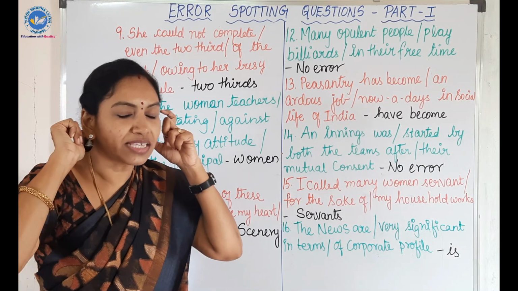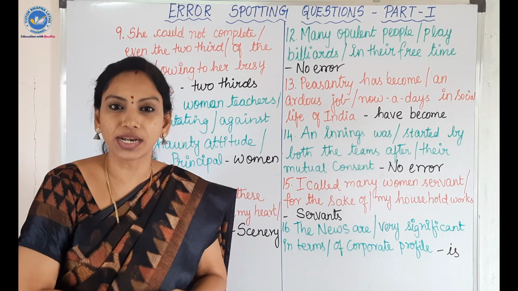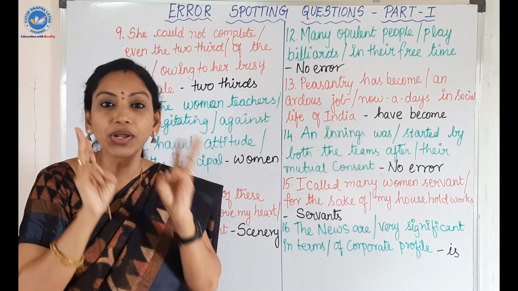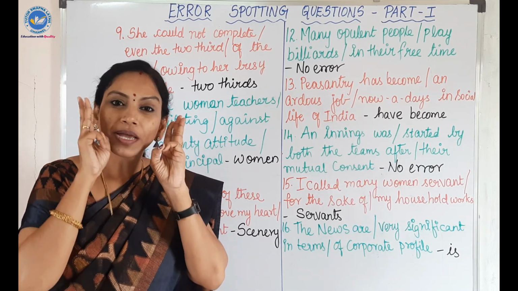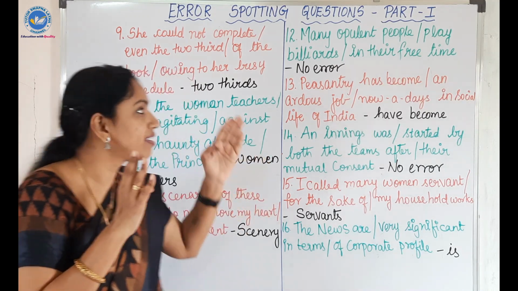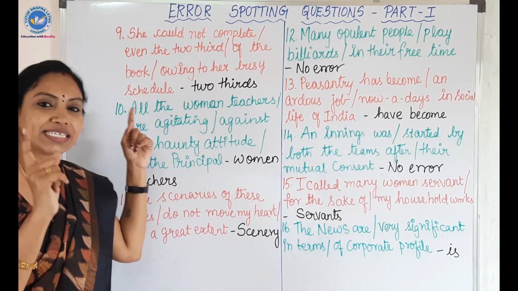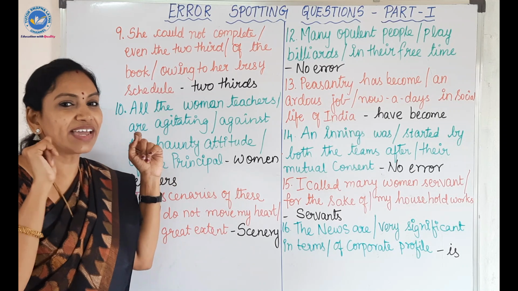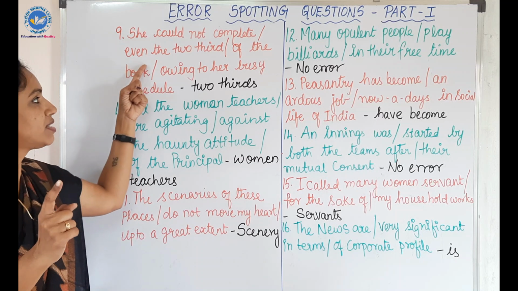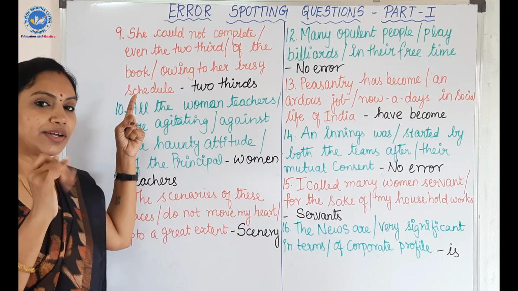Especially 2/3 itself is plural. So 2/3, 3/3 is plural, isn't it? So you have to add thirds: 2/3 of the book owing to her busy schedule. Okay friends, again I'll repeat it for you. She could not complete even the 2/3 of the book owing to her busy schedule.